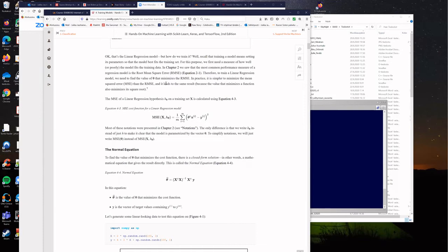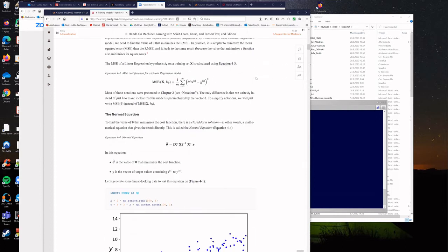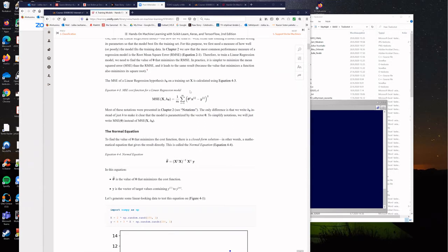They only differ by the exponent of 2. One uses the exponent 2, and the other uses the absolute value of these terms here. So in here the theta times x is the function we are searching, and these y's are the observed values.